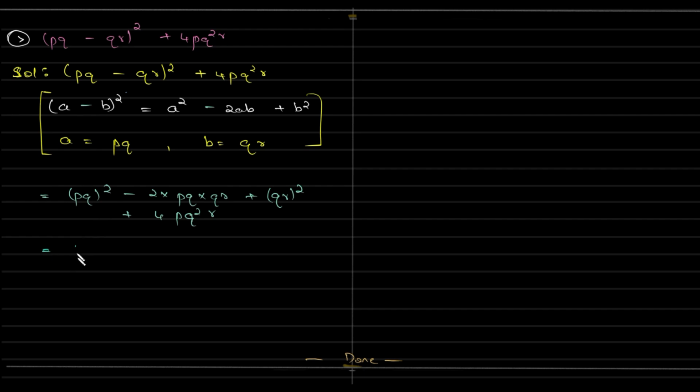So PQ square is P square Q square minus, we have 2 into PQ into QR is 2 PQ square R plus Q square R square plus 4 PQ square R. Okay, so we have P square Q square.